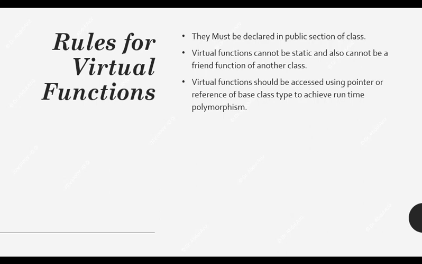In inheritance, we have seen that the child can access the parent, but the parent cannot access the child. It cannot transfer a call towards the child. But using virtual functions, we can see that the control can be transferred from parent to its child, and that is one of the features provided by virtual functions.